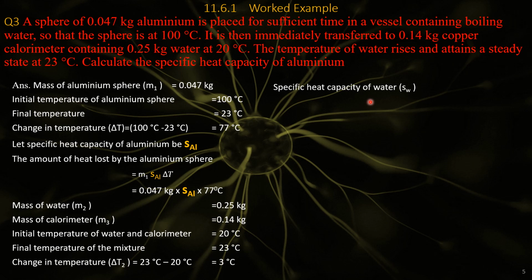Therefore, the specific heat capacity of water. Now we have to find the specific heat capacity of water, that is equal to 4.18 into 10 cube joules per kg per Kelvin. This we also find from the table.